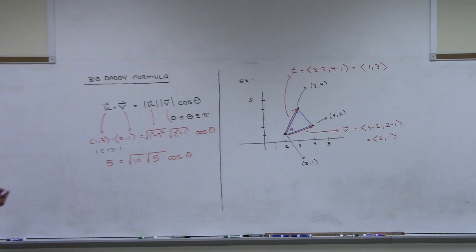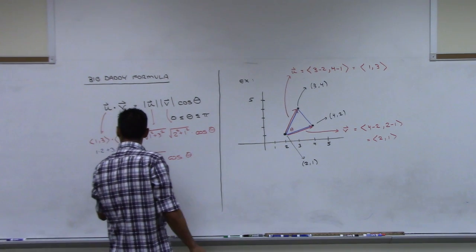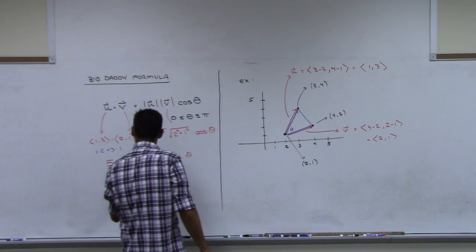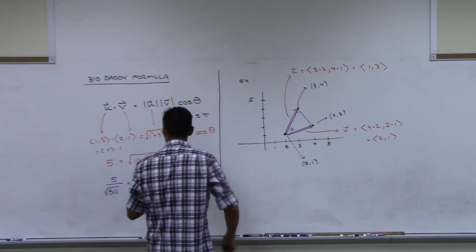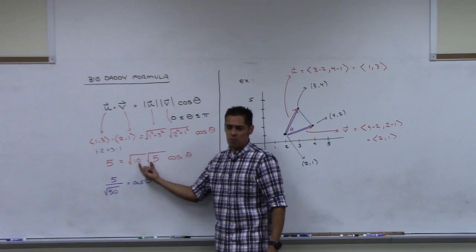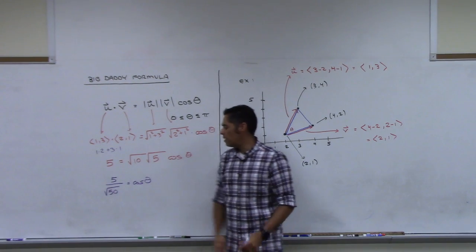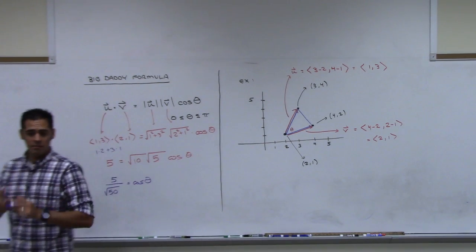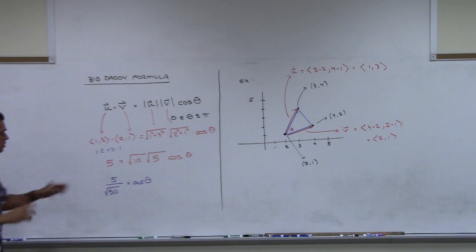All right, now I'm going to do this. 5 over root 50 equals cosine theta. So I just said root 10 times root 5 is root 50, and I divided it on both sides. And now I'm going to break my calculator out and do arc cosine. I'm going to take arc cosine of both sides.